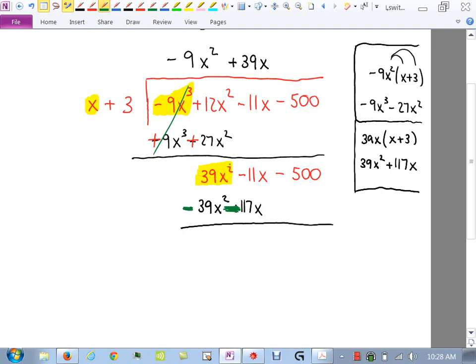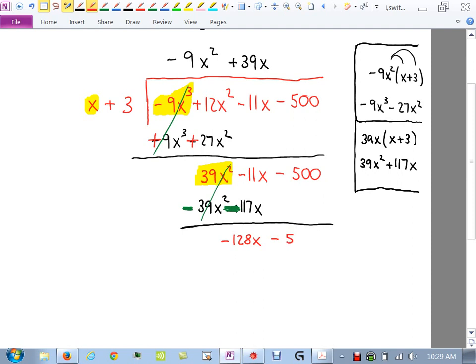The 39x squareds cancel, right? What is negative 11x take away 117x? Negative 128x. Then what?